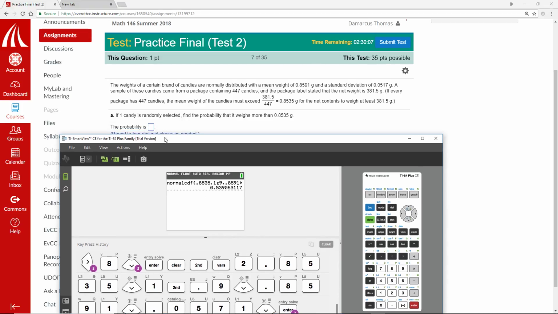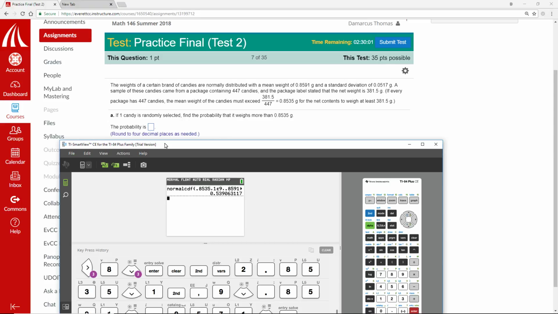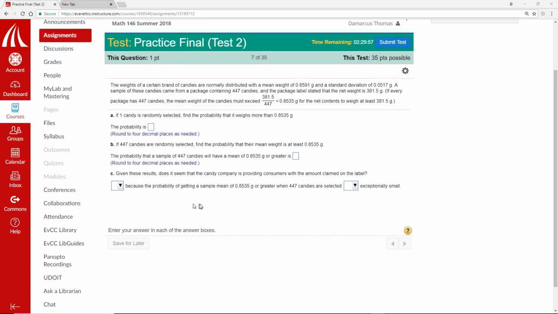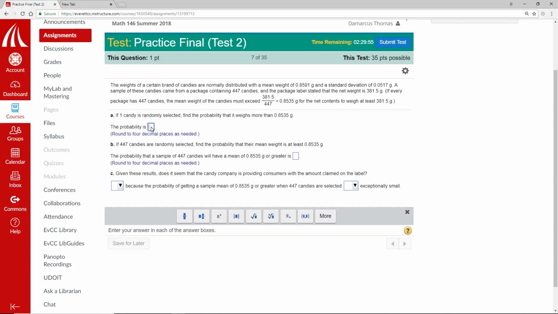So the probability of selecting one candy that will weigh more than 0.8535 is more than 50%. It's actually going to be 0.5391. And now part B. What would be the probability that a sample of 447 candies will have a mean of 0.8535 given the same conditions?